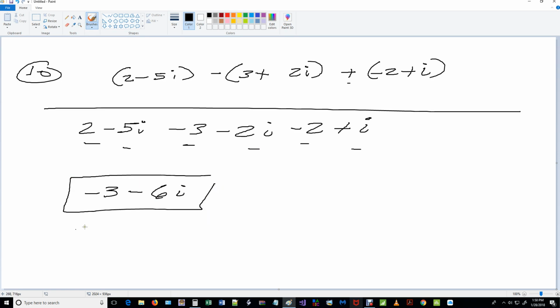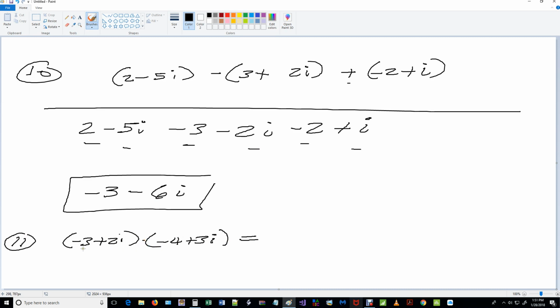Now multiplying. This is number 11. Let's multiply (-3 plus 2i) times (-4 plus 3i). Now these are complex numbers, right? But you multiply because we are going to FOIL.